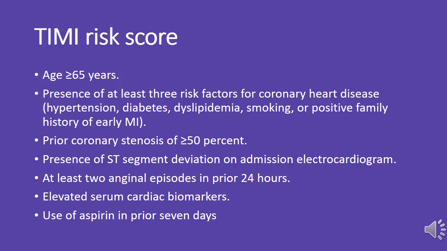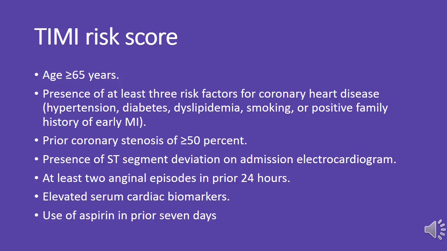These are the variables: first, age more than 65 years. Second, presence of at least 3 risk factors for coronary heart disease such as hypertension, diabetes, dyslipidemia, smoking, or positive family history of early MI. Third, prior coronary stenosis of more than 50%.